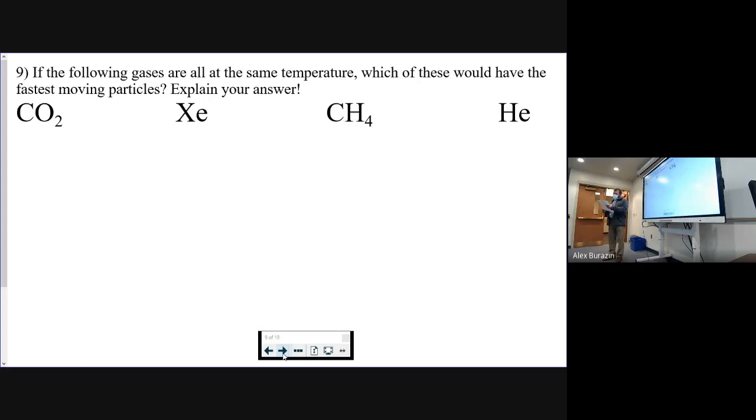You have an equation in here that we probably never solved for unless you've taken physics. Kinetic energy equals 1/2 mass times velocity squared.